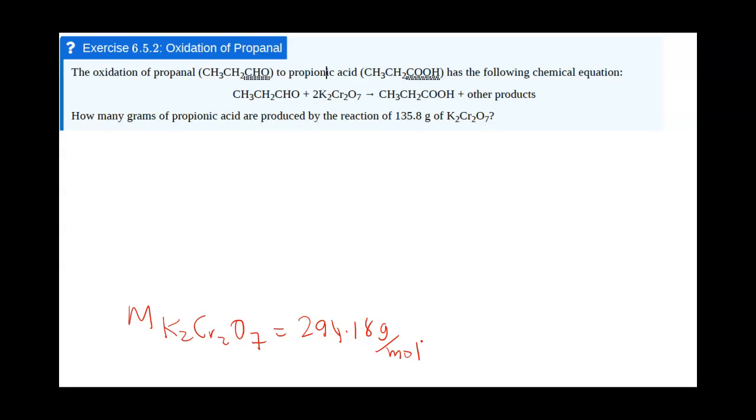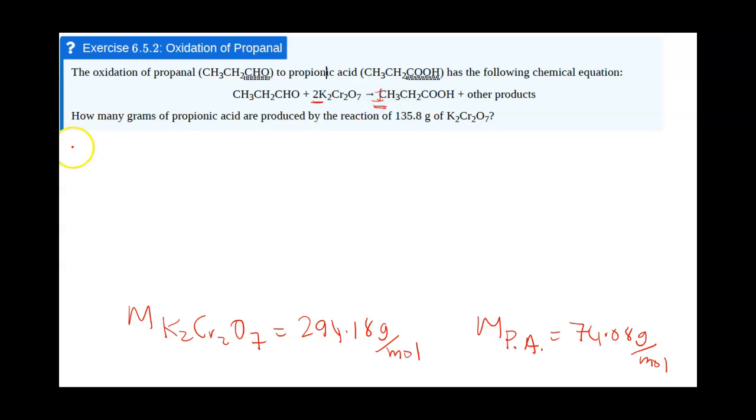I'm also going to need the molar mass of my propionic acid, and that works out to be 74.08 grams per mole. And then I'll be needing the mole ratio that relates the amounts of those two things, which I can get from my balanced chemical equation.